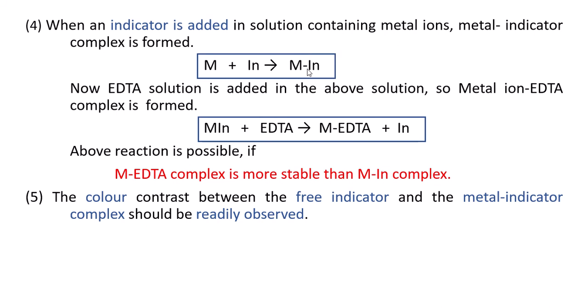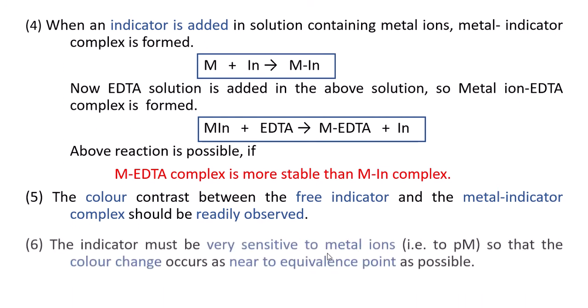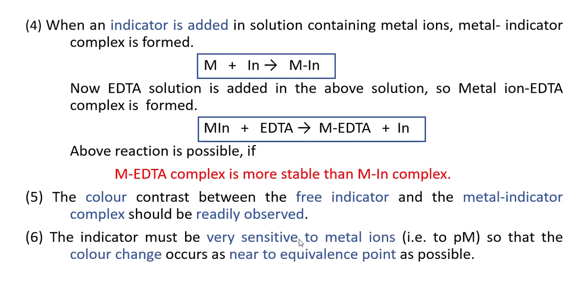That means it should have a sharp, observable change in color. So the color difference between the metal indicator complex and the free indicator which we get at the end point should be readily observable. And the indicator must be very sensitive to the metal ions so that the color change occurs as near to the equivalence point as possible.